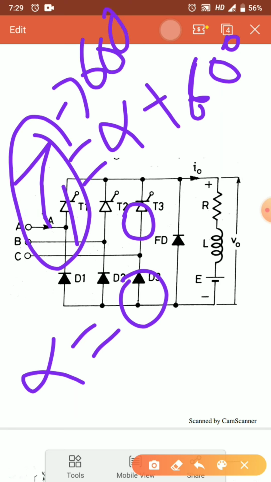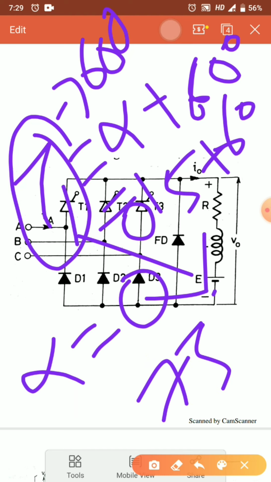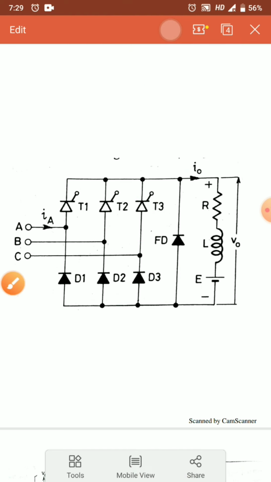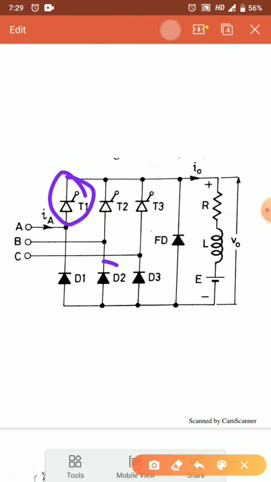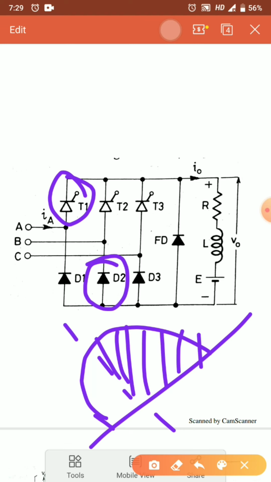Now let me change it. If my alpha is 15 degrees, my conduction will start at 15 plus 60, that is 75 degrees. If I am talking about the VAB phase, I have one thyristor and one diode. As we know, the diode will try to conduct for the whole period, and the thyristor will conduct from where it receives a forward pulse.